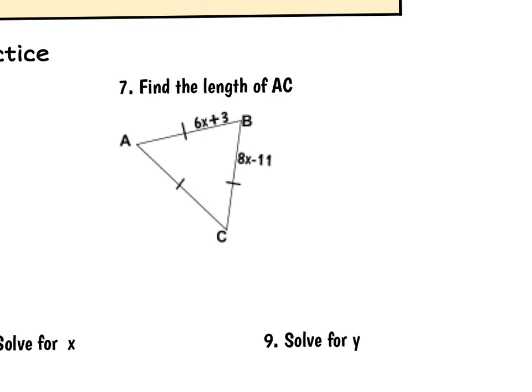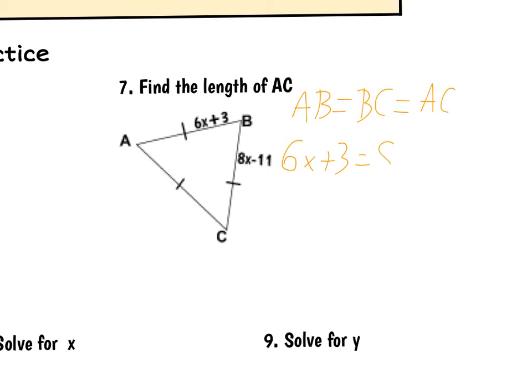Number 7, find the length of AC. Well, using our equilateral triangle theorem, we can identify that the measure of AB is equal to the measure of BC, which is equal to the measure of AC. So while we don't know what AC is yet, we do know that AB is 6x plus 3.